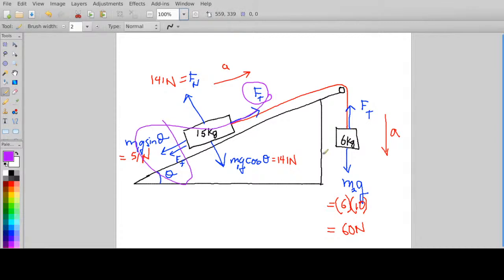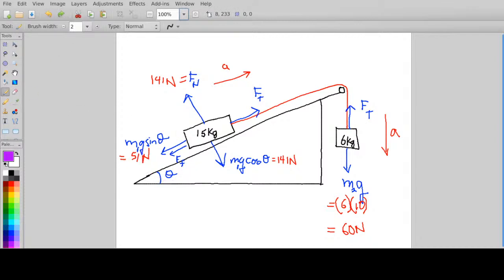When forces are opposite of one another, they compete, so one will try to subtract from the other. When they're in the same direction, they add. So we don't just have Ft minus mg sine theta. We have Ft minus these combined two forces, so that's 51 plus Ff.